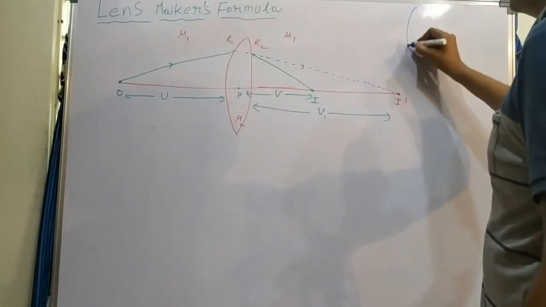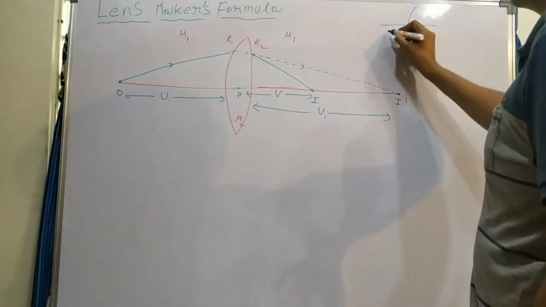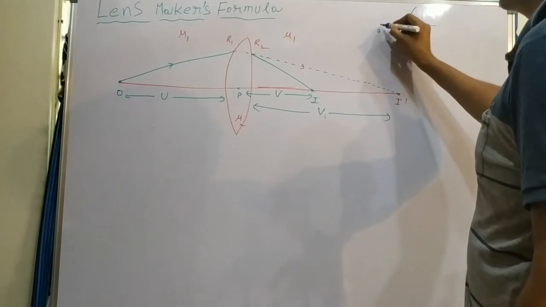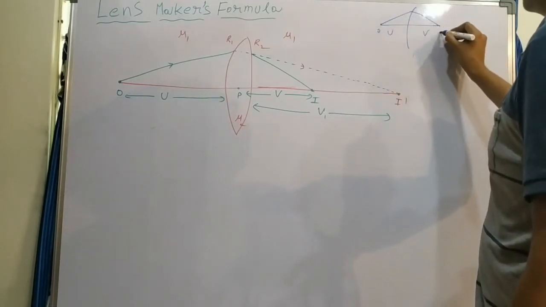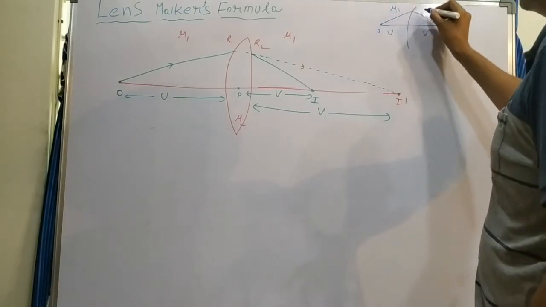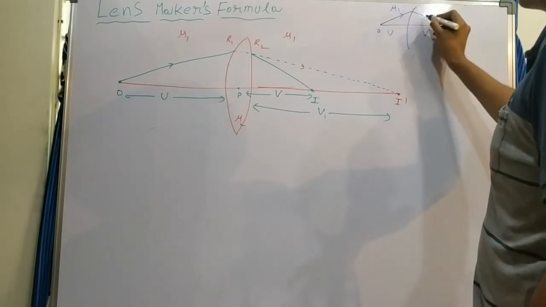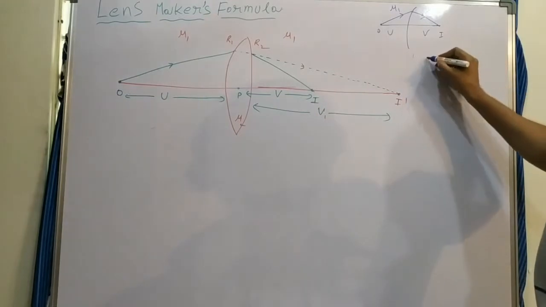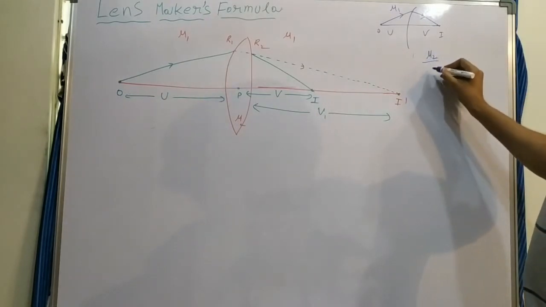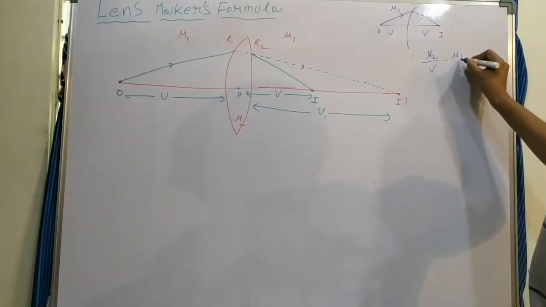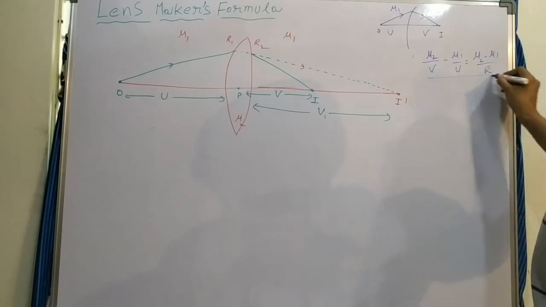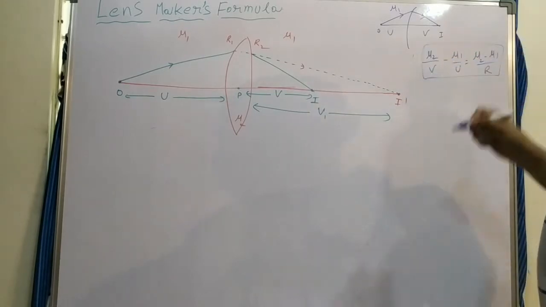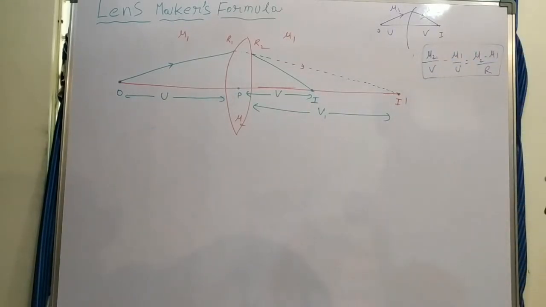Suppose this is a curved surface, object distance is u, image distance is v, and refractive indices are mu1 and mu2. Light enters from the first medium to the second medium. The formula is mu2 by v minus mu1 by u is equal to (mu2 minus mu1) by R. We derived that in the refraction at curved surface concept.